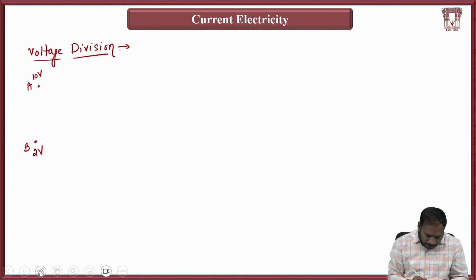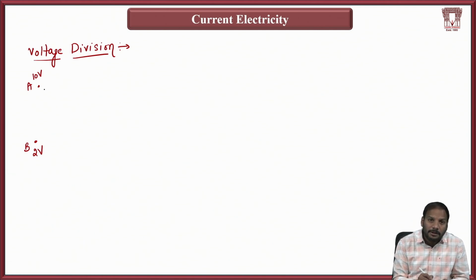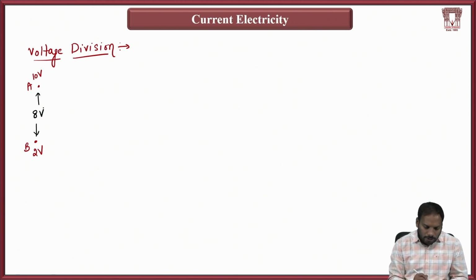What is the potential difference across points A and B? Simply 10 minus 2, that is 8 volts.